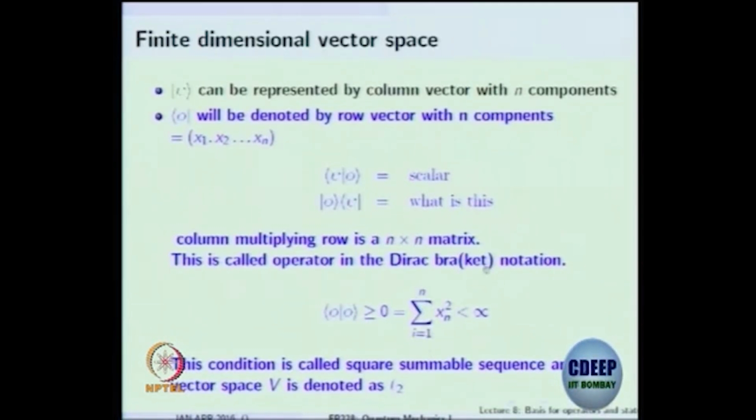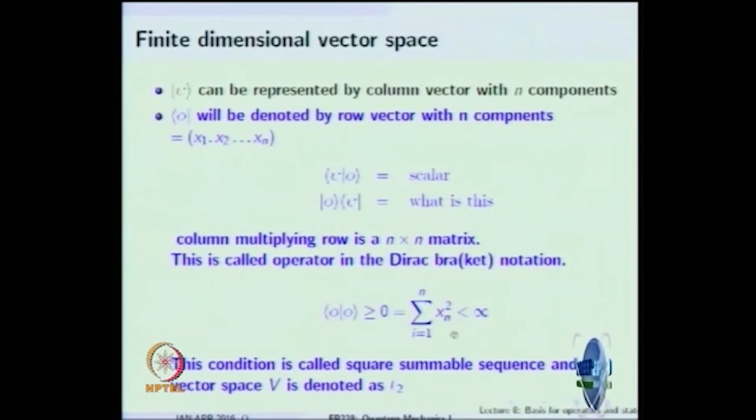So you have to impose this condition: take the states in the vector space such that the norm is always finite. We did this with wave functions. I said that those wave functions are all square integrable wave functions, a week or 2 weeks ago. Similarly, this condition on an n dimensional vector space means the sequence is supposed to be a square summable sequence.